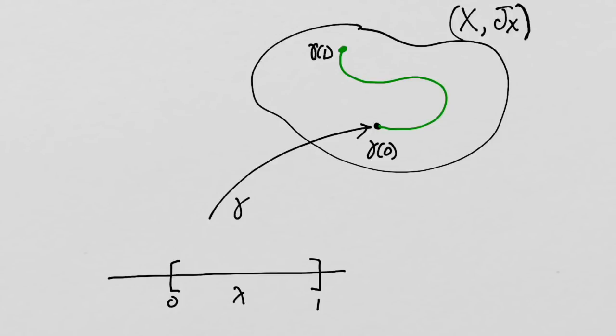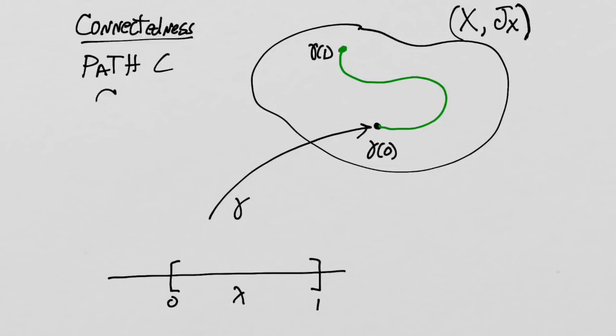I guess what I'm trying to say is there are two topological invariants associated with the notion of connectedness. The first, and the one that we're most worried about, is called path connectedness. And then there's just regular old connectedness, the idea where the total set X is the union of two disjoint subsets.